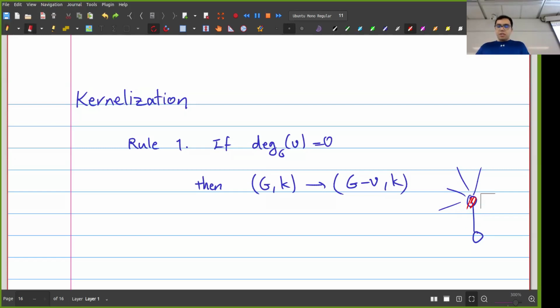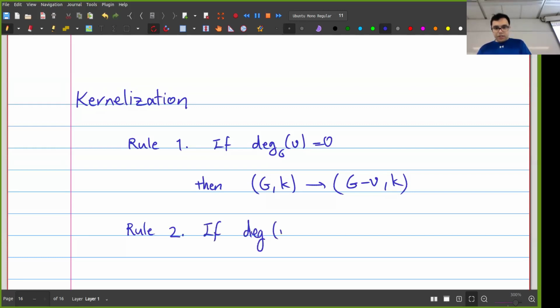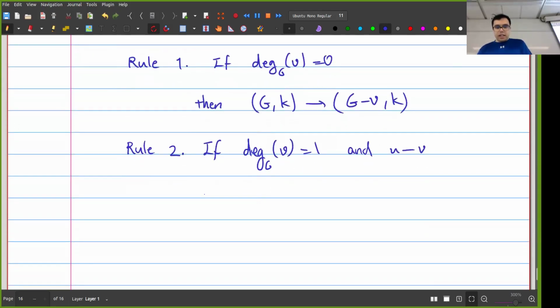So my second rule is that if I have a vertex of degree 1, I would put its neighbor into my vertex cover. So this is rule 2. If the degree of a vertex v in G is 1, and let's say u and v are connected, then I put u into my vertex cover.